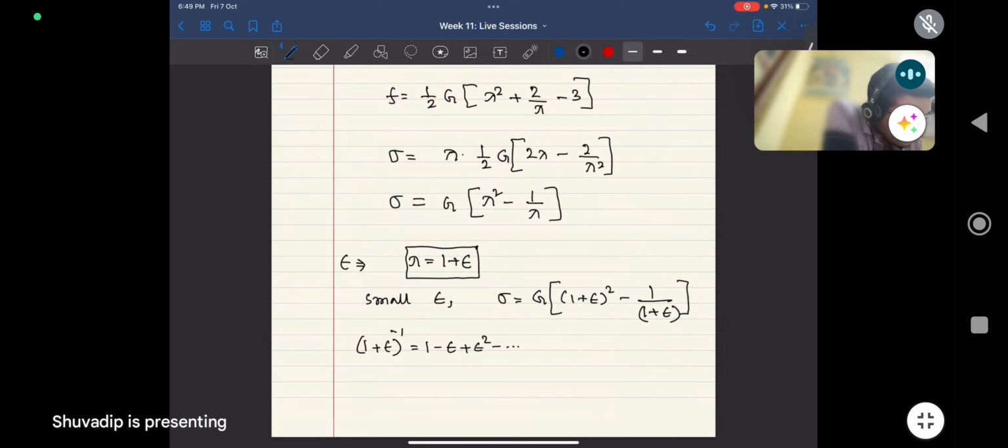So sigma by g is equal to 1 plus 2 epsilon plus epsilon square, minus 1 plus epsilon minus epsilon square. We are keeping up to order 2, so there will be cancellation, the epsilon square will cancel, and sigma is equal to 3 epsilon g.